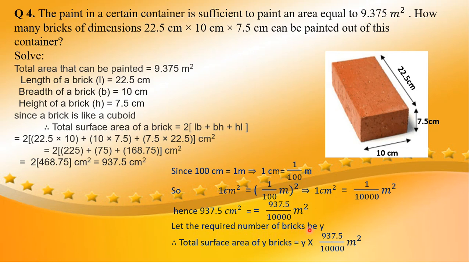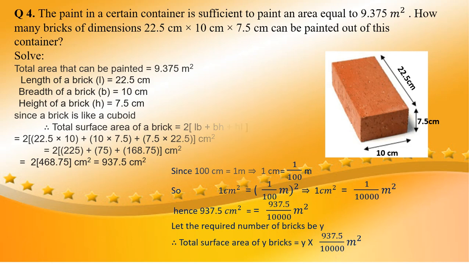The required number of bricks we are asking for, so let the required number of bricks be Y. Now remember, 937.5 centimeter square is the area of only one brick, and in meter square it is 937.5 upon 10,000 meters square. Now this is the area of one brick. How many bricks are we taking? Y. So the total surface area of Y bricks will be Y into 937.5 upon 10,000 meters square.